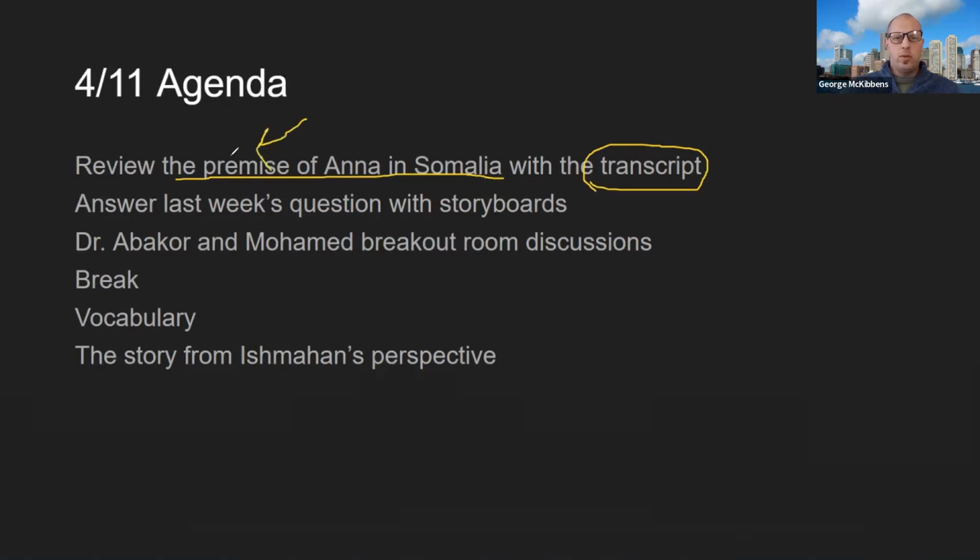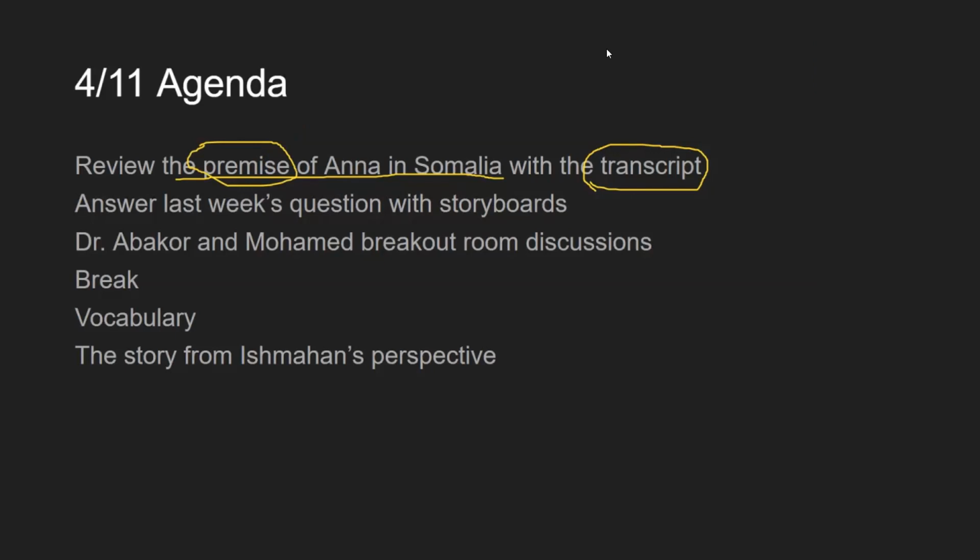Does anybody know what the word premise is? Because I've never introduced that in class, the word premise. The writing, or what Anna say? Close.